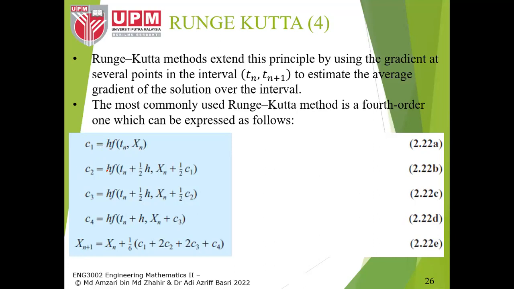Then C2 is H times f of Tn plus 1 over 2 H, Xn plus 1 over 2 C1. You need to calculate C1, then C2. Then C3 is H times f of Tn plus 1 over 2 H, Xn plus 1 over 2 C2. Then C4, and then the rest, Xn plus 1.